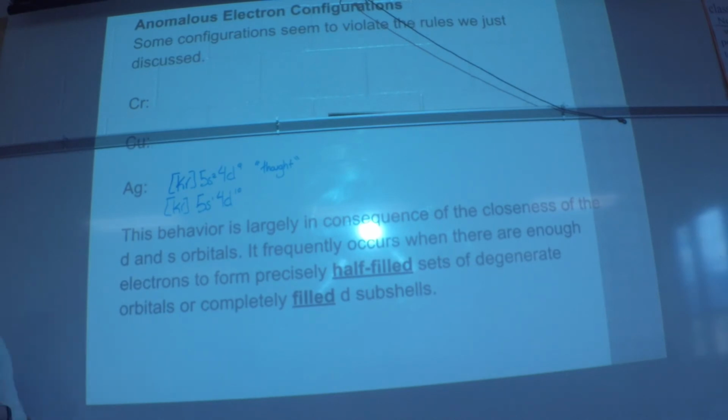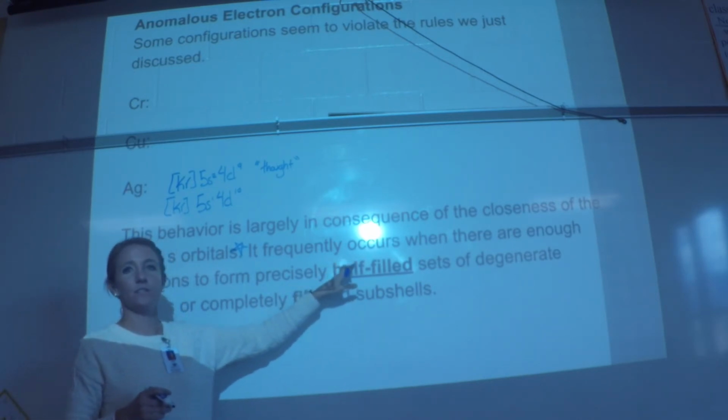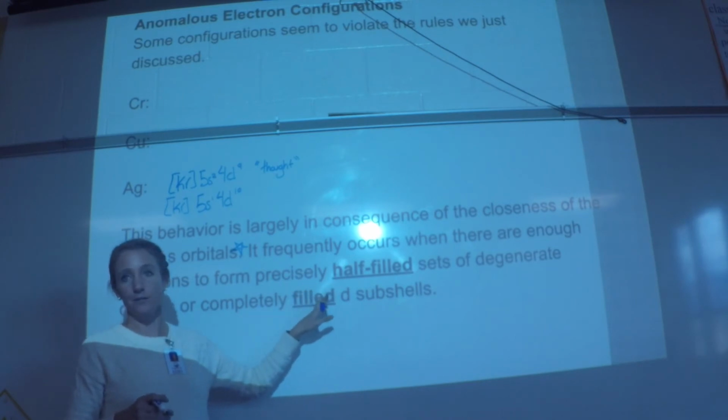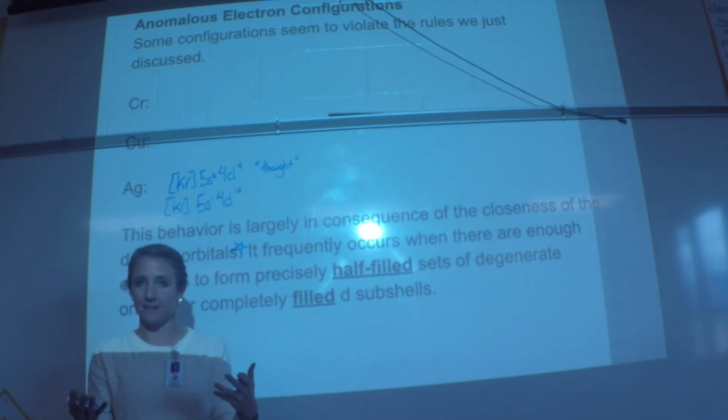Okay, put a star or highlight or whatever. This right here is our justification. What we have found, everyone, is that when an orbital is half filled or fully filled, it has a more stable arrangement.